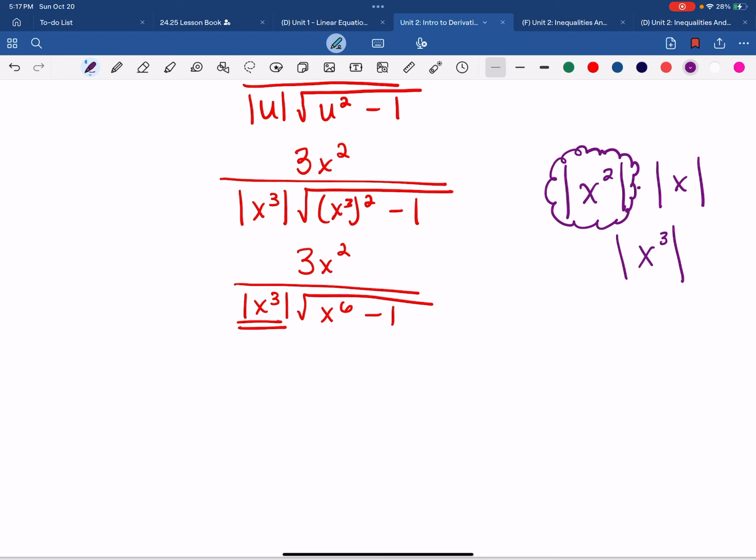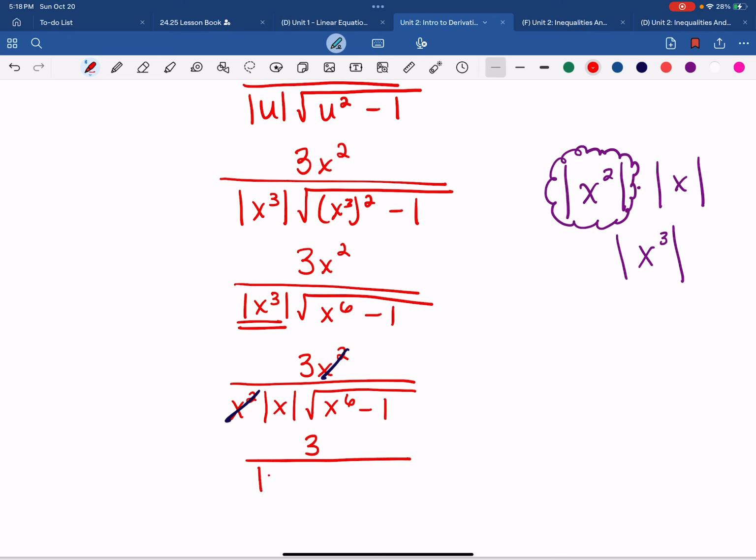So I can actually take that out and say this is 3x squared over x squared times the absolute value of x times the square root of x to the 6 subtract 1. And now what I can do is cancel out those x squareds. So I end up with 3 over the absolute value of x times the square root of x to the 6 subtract 1. And I'm good to go.